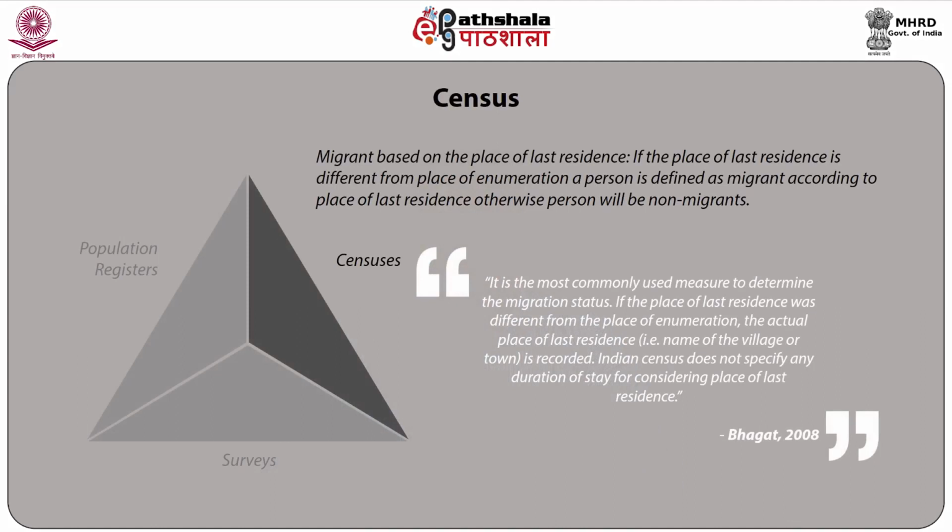If the place of birth is different from place of enumeration, a person is defined as migrant according to place of birth. On the other hand, if both are the same, then the person is defined as non-migrant. It is easy to determine the migration or non-migrant status of a person if the place of birth is known.